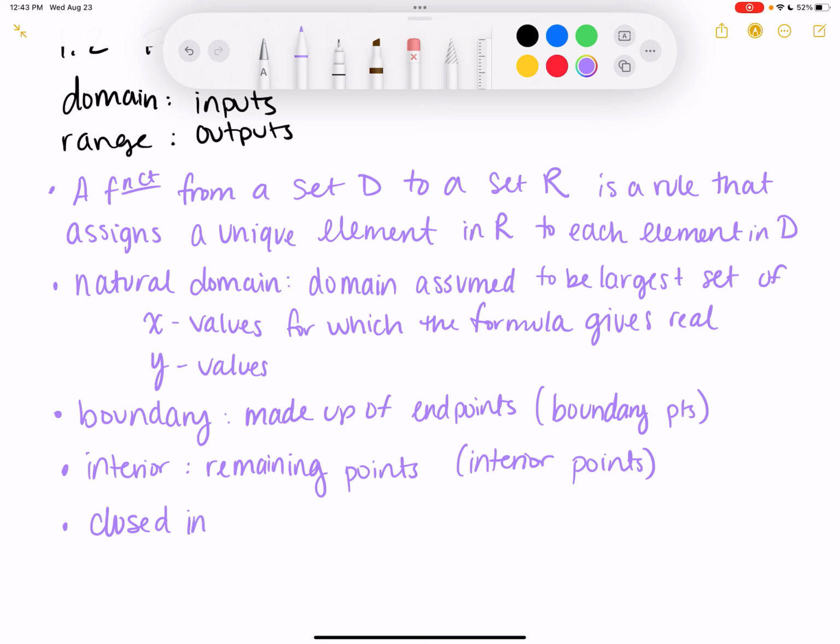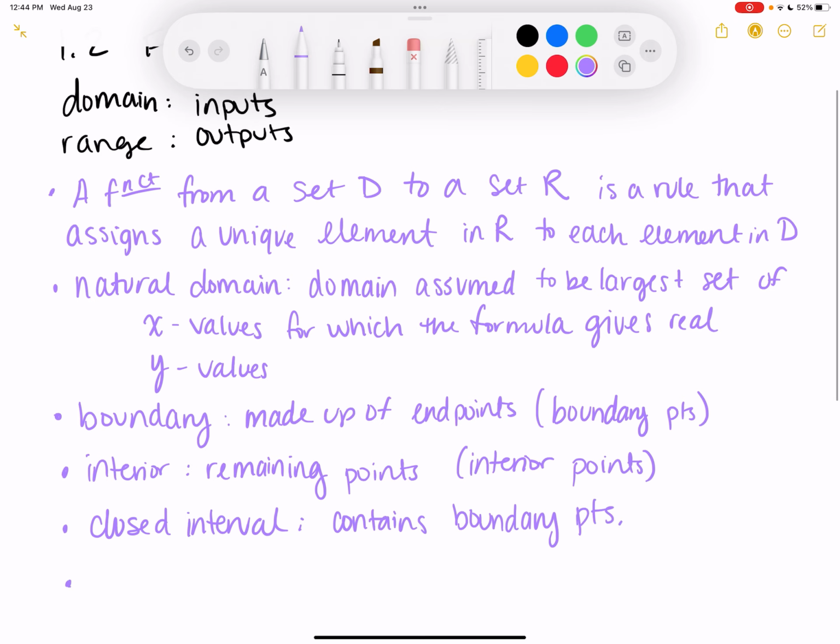A closed interval contains boundary points, but an open interval does not contain boundary points.